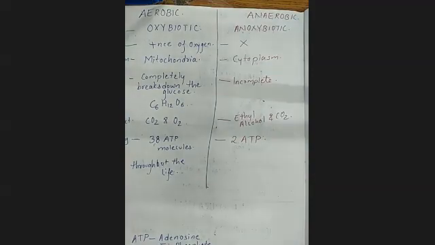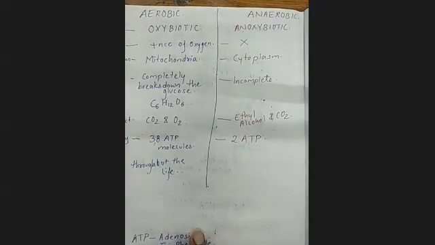Fine. Have you understood what I said? Yes, miss. Anything to be asked from this? No, miss, no doubts. Okay, fine. So these are the aerobic and the other. See, I am asking all of you. Is even one girl there?